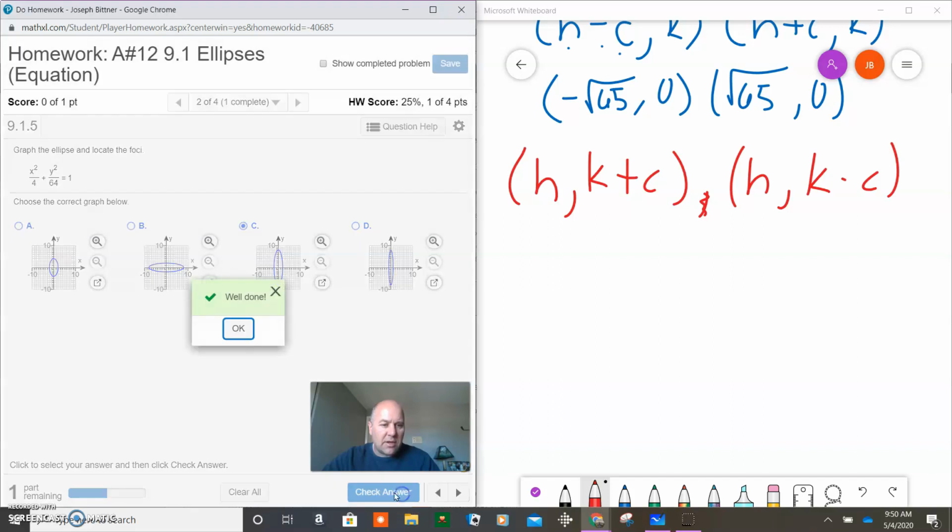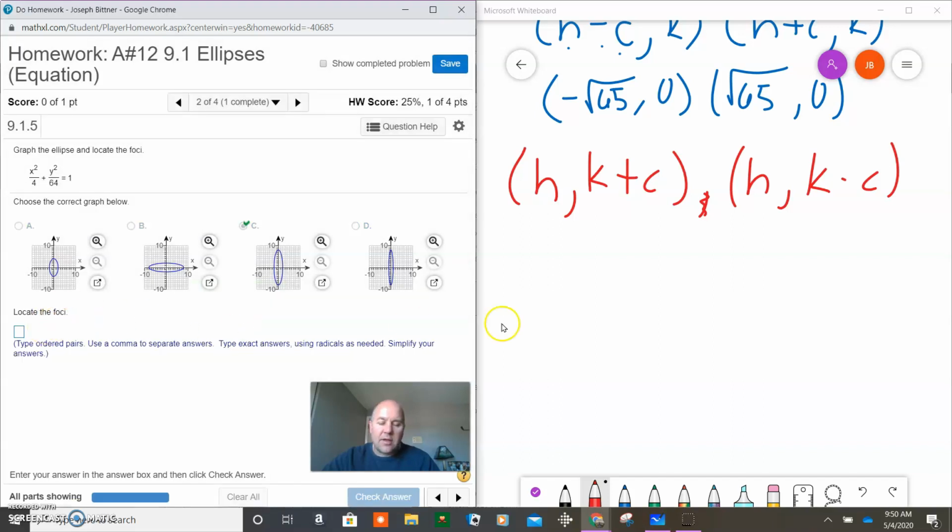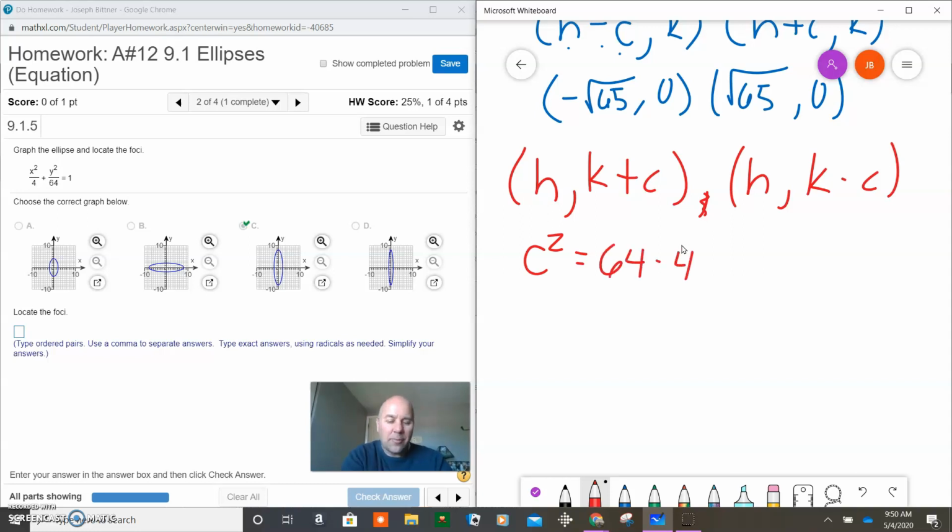I need to check my answer on this one. Good job. Now I just got to write out the foci. Again, I have to do a little bit of work, and it's just always the larger number minus the smaller number. In this case, 64 minus 4. If you want to write out the long way of this, going 8 squared minus 2 squared and then working it out, it's going to give you the same thing.